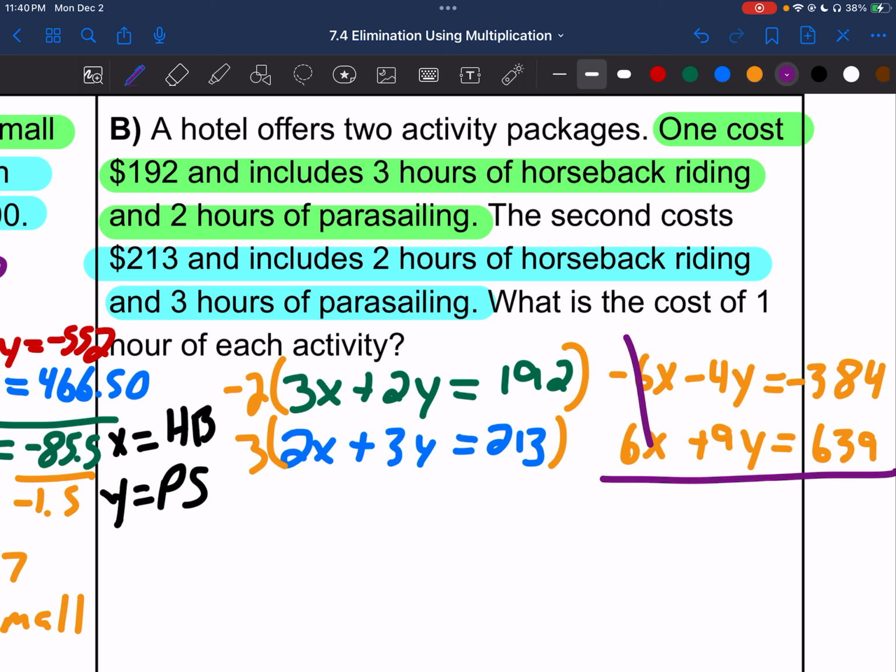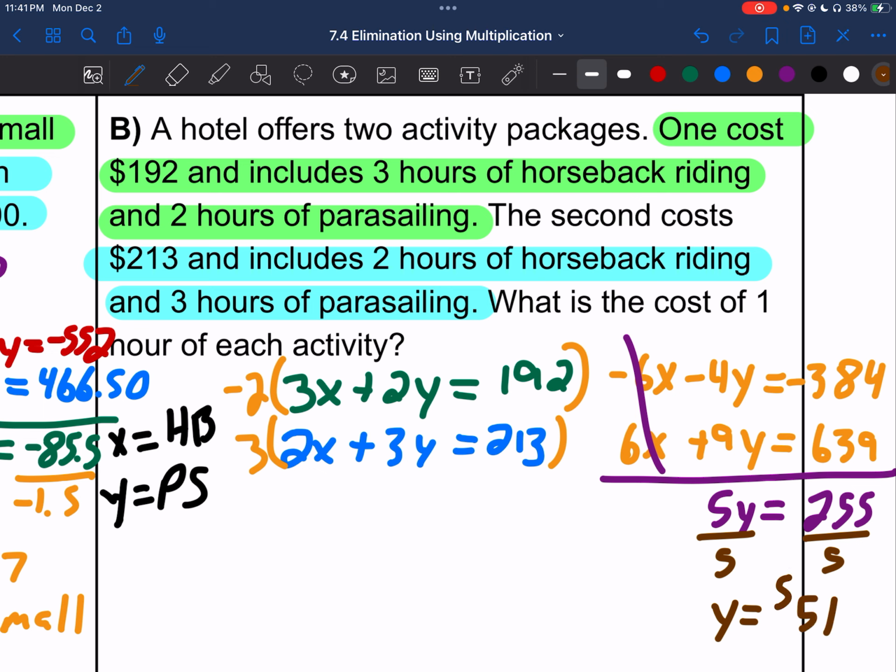We're going to add these two equations together. -4y plus 9y is 5y. -384 plus 639 is 255, which when I divide by 5, I get that y is equal to 51, and that's dollars for parasailing. So to go parasailing, it is $51 per hour.